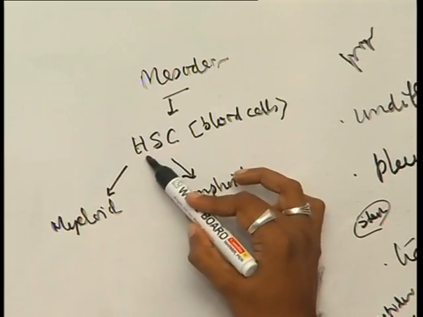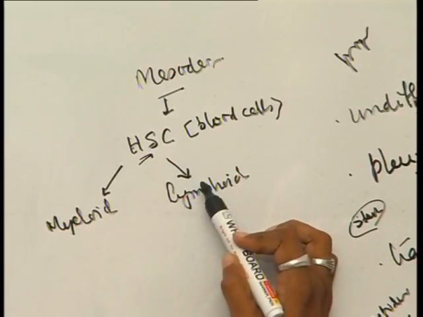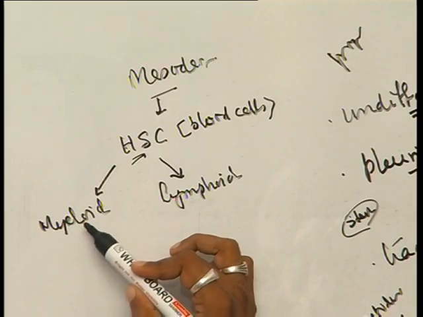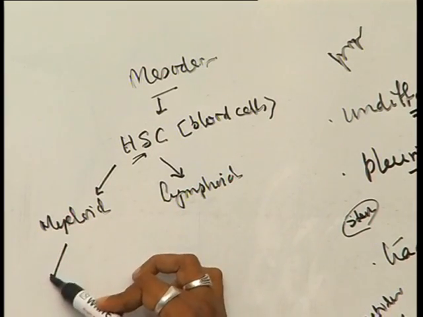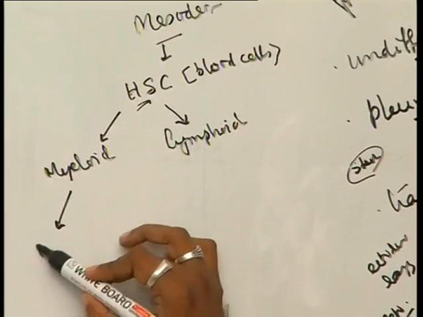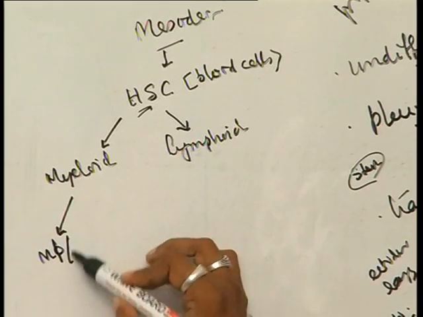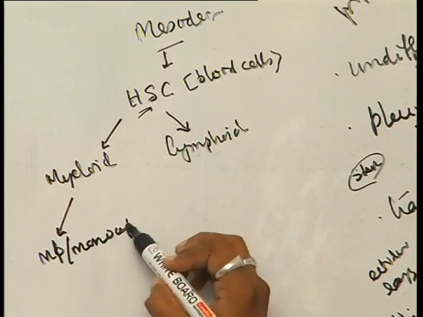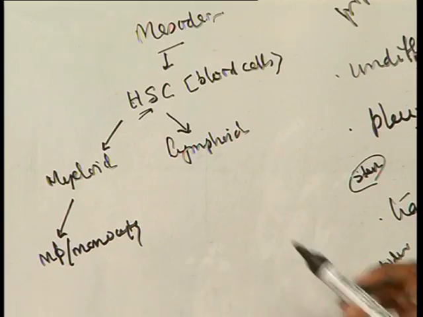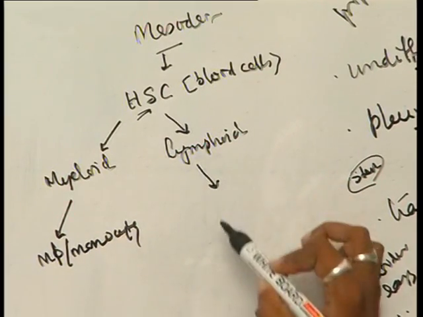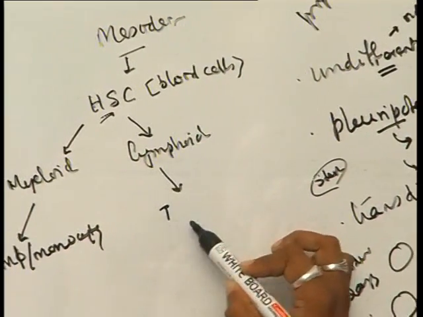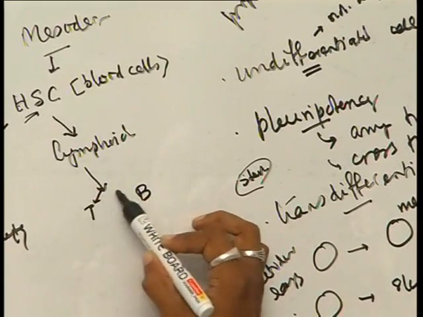Here it can form both myeloid and lymphoid, but here it can form only myeloid. The myeloid line further goes into macrophages, otherwise monocytes. Lymphoid ones can go for T cells or B cells.